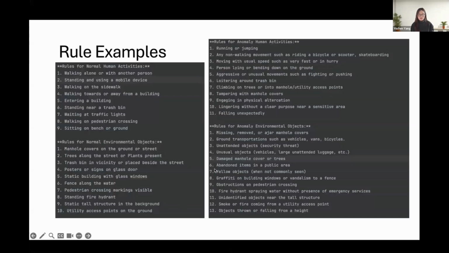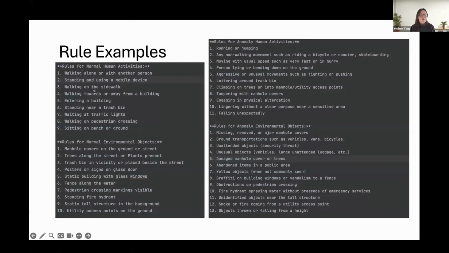So here is a set of rules induced from the Shanghai dataset. We will have rules for normal human activities and rules for normal environmental objects, and also rules for anomalous human activities and rules for anomalous environmental objects.